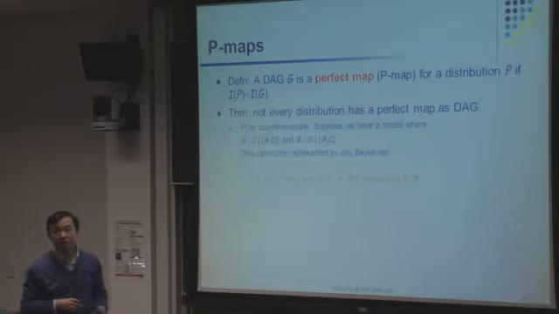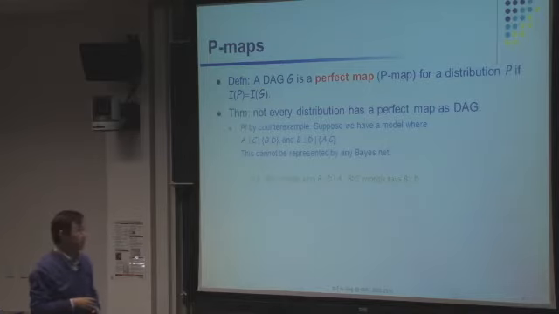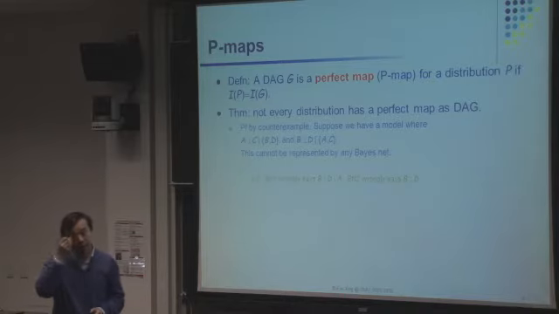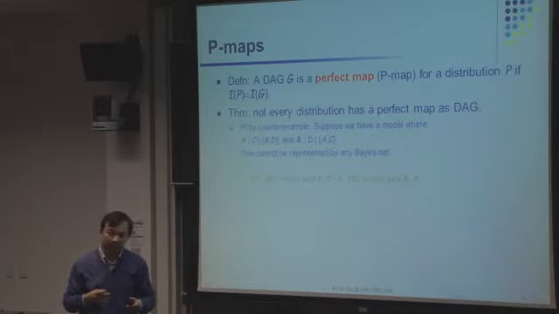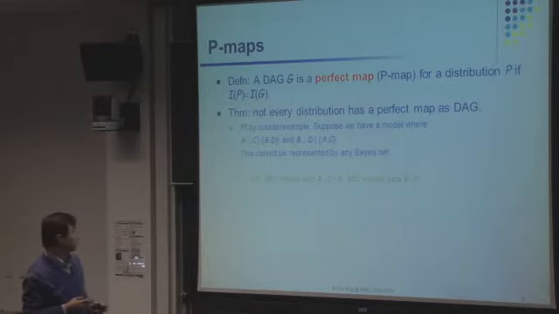But that's not always possible, as we can guess. There are limitations in certain representations, such as a directed graphical model, for which some of the independencies can never be represented. So here I give you an example.